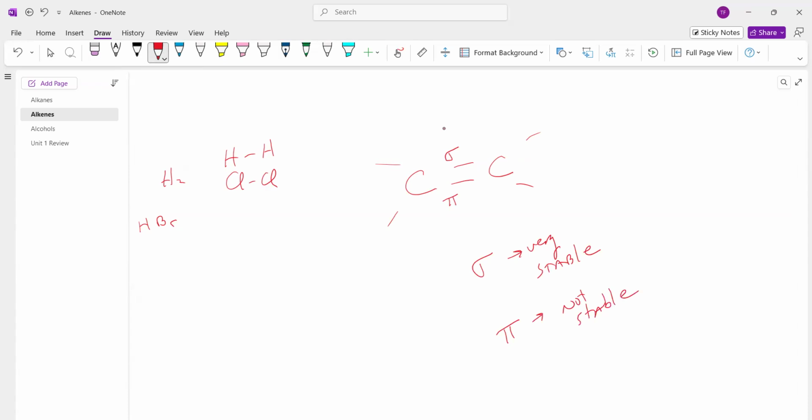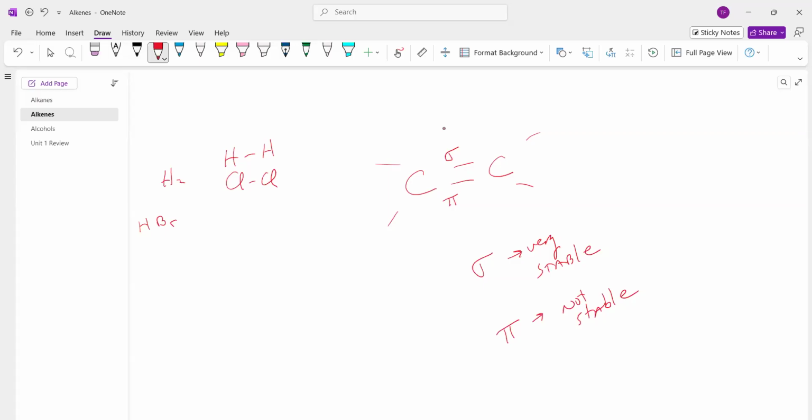So when we react a double bond with something, guess which one stays, the sigma or the pi bond? Because you end up with a carbon single bond. Which is more stable? Sigma.